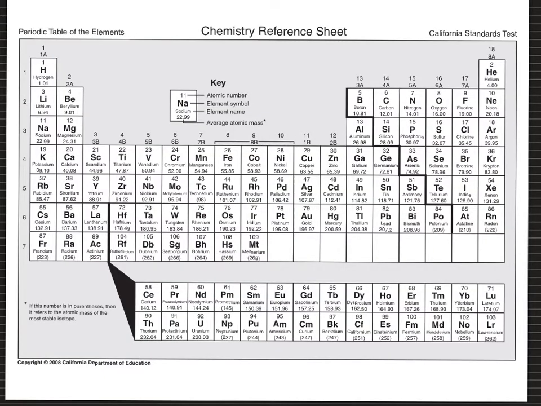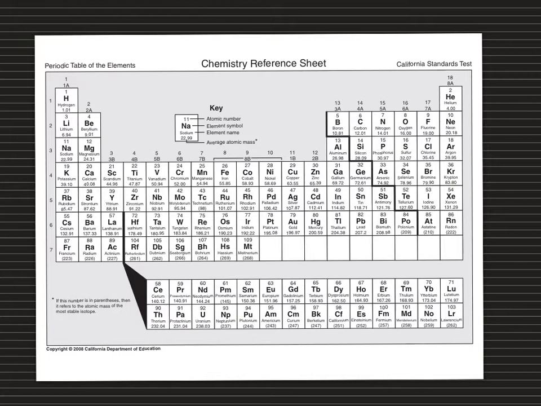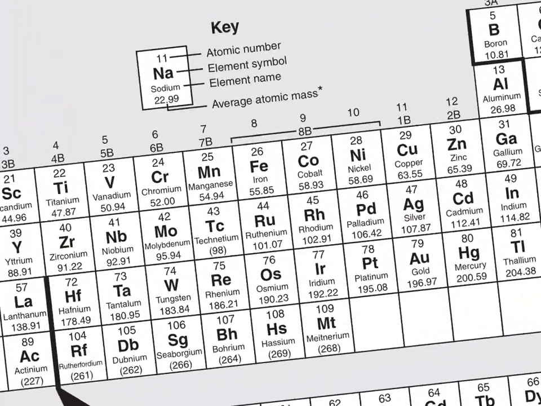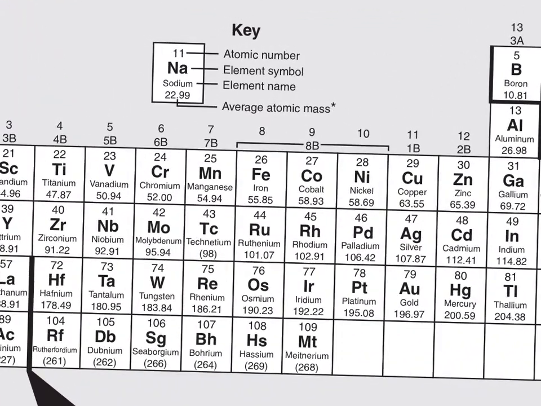Alright, so on this periodic table, if you notice these numbers, like in chromium, we have the symbol, chromium. 24 is the atomic number, it tells us the number of protons. And in a neutral atom, you have the same number of electrons.